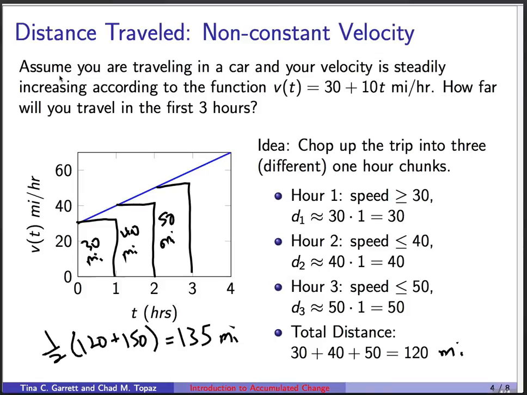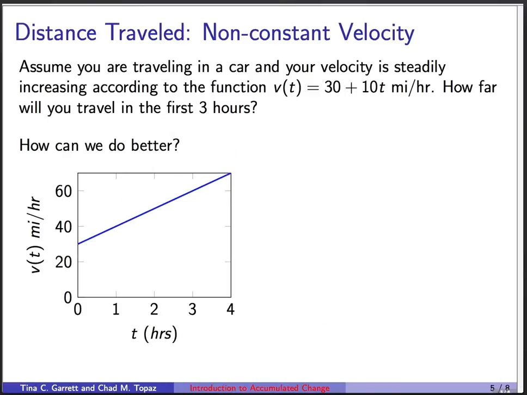Now you could ask if we could even do better than this estimate. So far we've been choosing 1 hour long chunks, but what we could do is choose even smaller chunks, because over smaller chunks, the velocity of your car changed less, so the assumption of a constant velocity might even be better. So instead of 1 hour long chunks, what if we did half-hour long chunks, and we'll do them maybe starting with the overestimate.